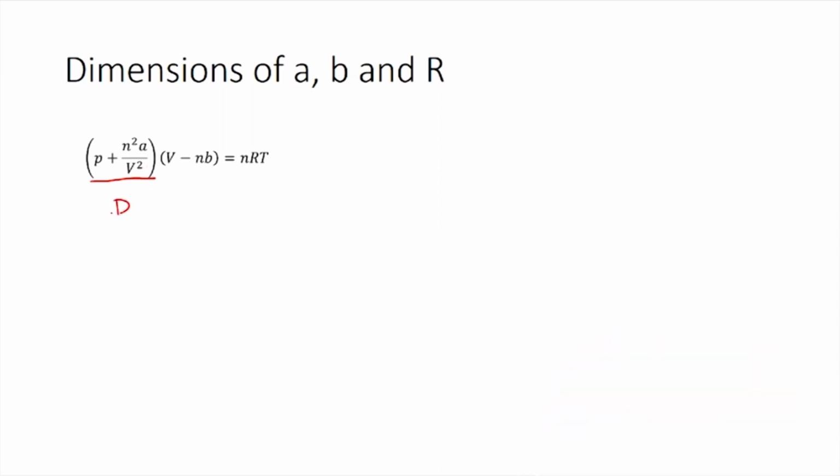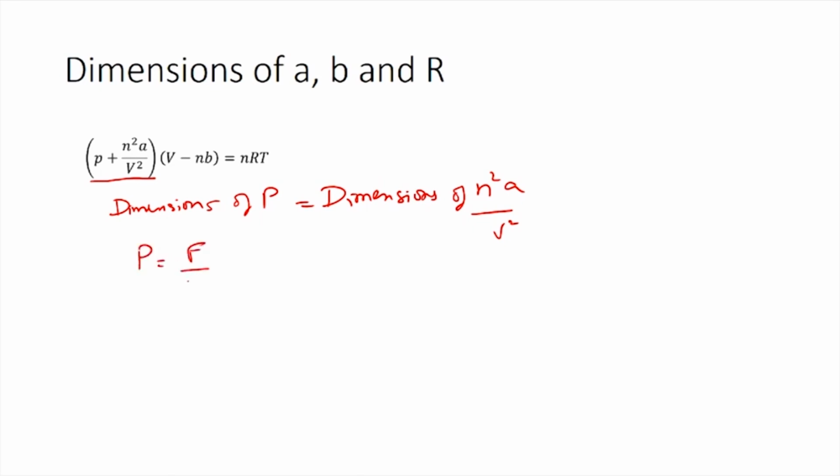which means the dimensions of P should be the same as the dimensions of the second term, which is n squared A divided by V squared. So, let us try and identify the dimensions of P, which is pressure. Pressure is defined as force divided by area, and force is defined as mass times acceleration.